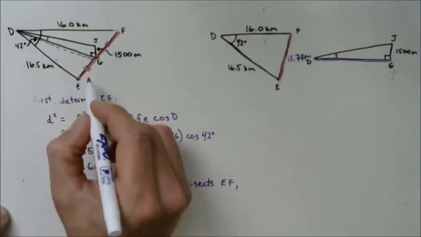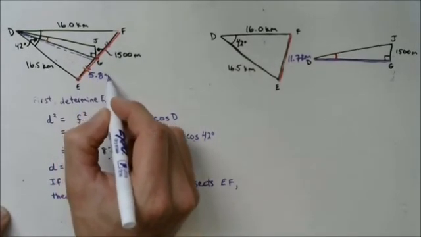Okay, so I'm going to add that to our diagram here. We've got 5.85.